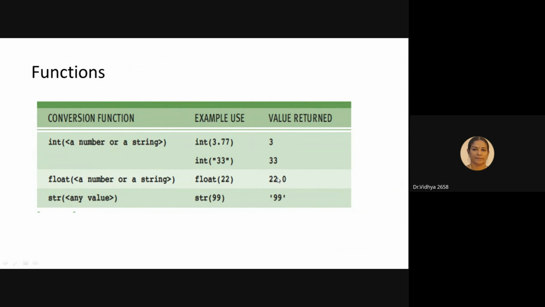Then float, where we have given a value like 20 with some digits, giving 22.0. Then for string, it is given within single quotes. These are the conversion functions: int, float, string. The given input is converted to the respective integer, float, or string value.